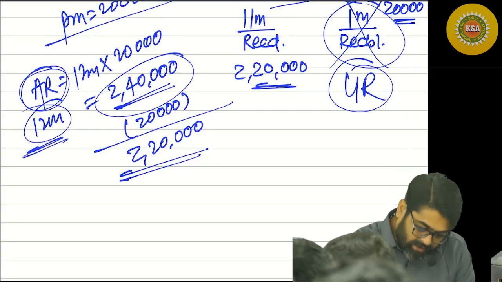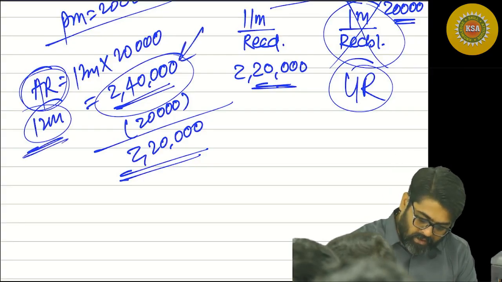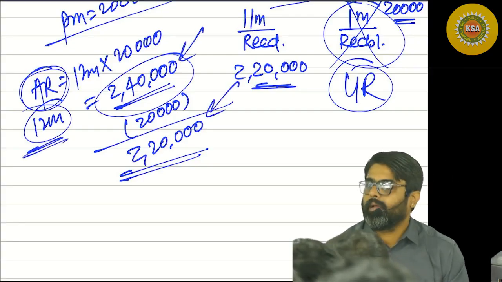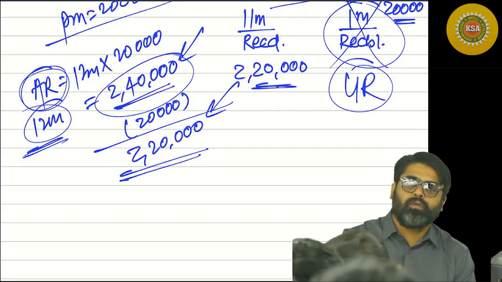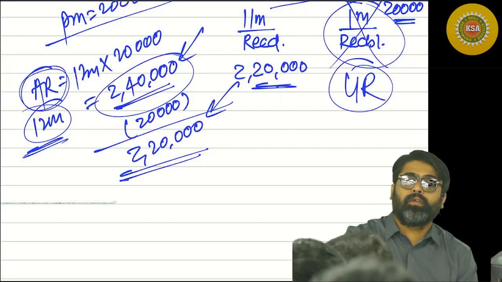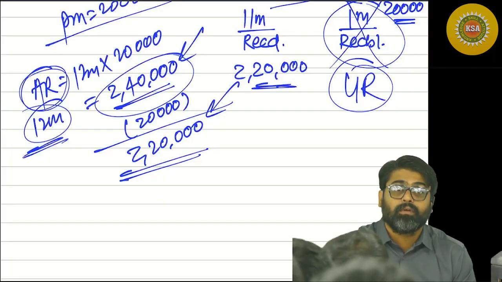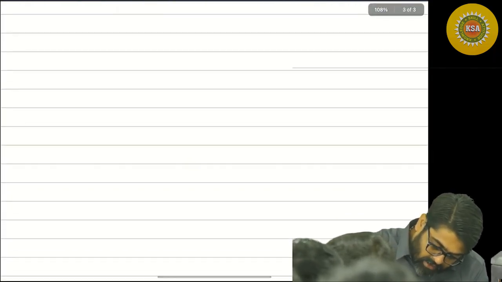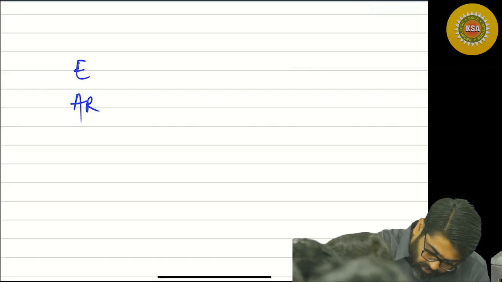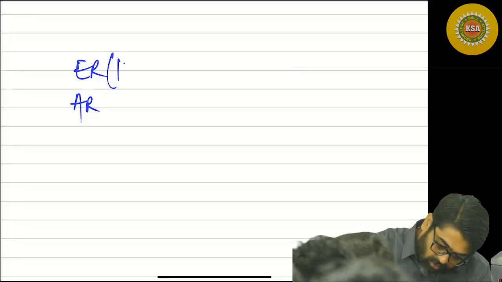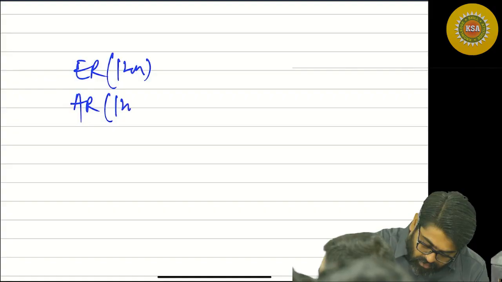Actual rent for 12 months will not be 2,40,000. It will now be 2,20,000. Getting my point? You have reduced the unrealized rent from actual rent. Now this actual rent will be compared with expected rent. Expected rent for how many months? Actual rent for how many months?